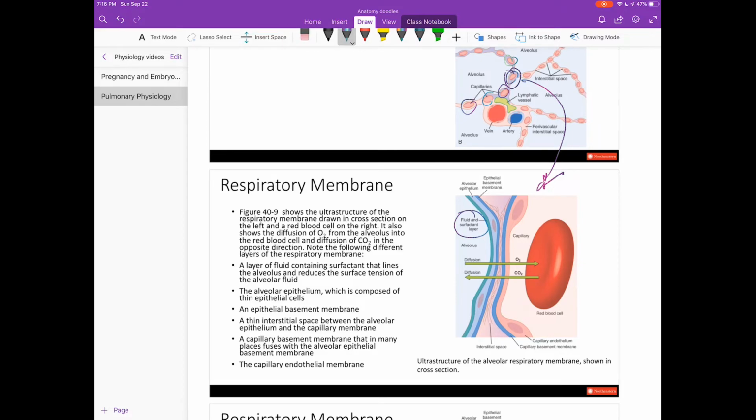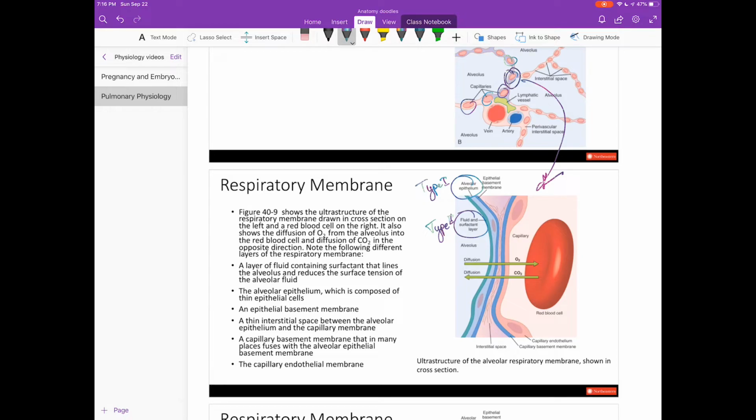That layer of surfactant lines the alveolar epithelium, which is comprised of the type 1 alveolar cells. So surfactant is produced by type 2, and the epithelium is comprised of type 1. They're also called pneumocytes.